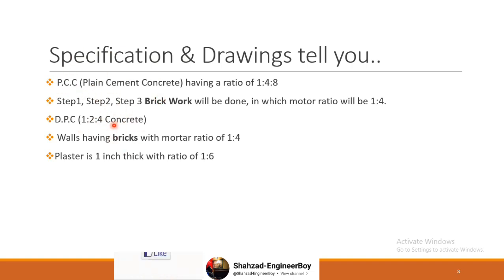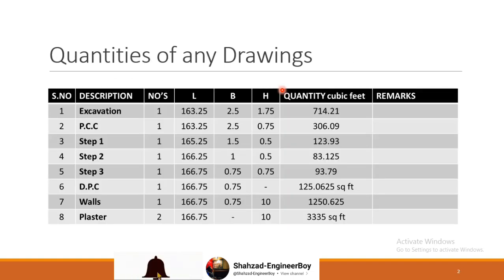It's for the learning process. I have made just assumptions about these. PCC, plain cement concrete, having a ratio of 1:4:8 means in this diagram which we have quantified, these are the quantities. This is just a supposition, just for your understanding, for your learning. I have taken this just as an example.